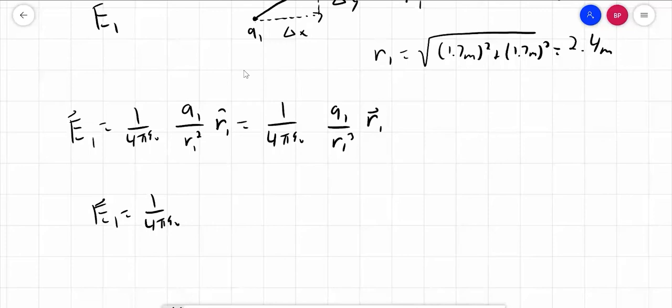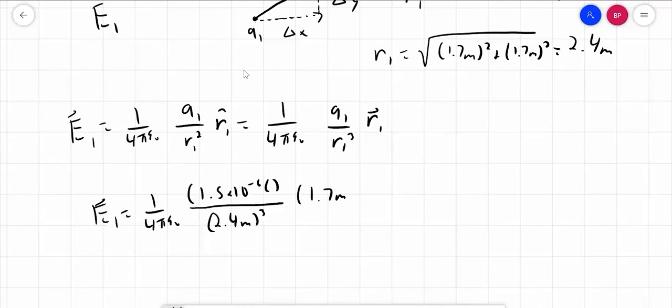All right, so our electric field here is these constants times the charge of charge 1. That was positive 1.5 times 10 to the minus 6 coulombs divided by the distance cubed. So that's 2.4 meters cubed. Now times that full vector that we just found.